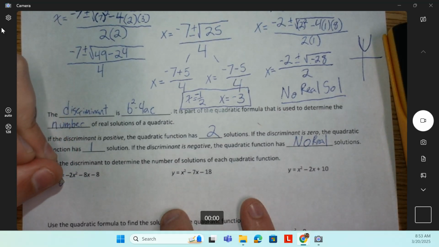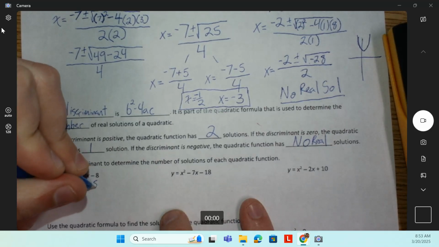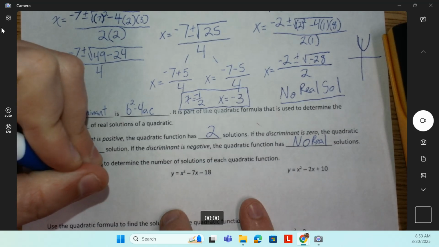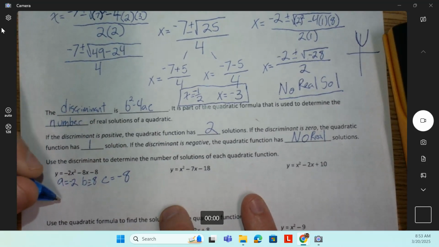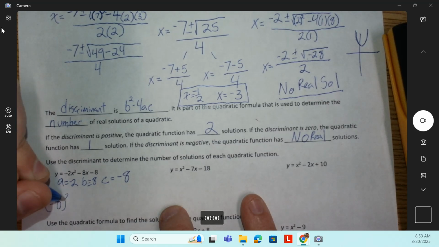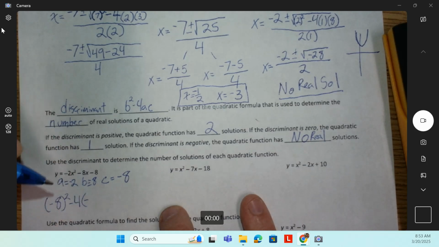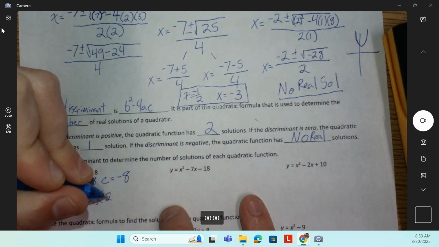So for this, a is negative 2, b is negative 8, and c equals negative 8. Just using the discriminant, I do negative 8 squared minus 4 times negative 2 times negative 8.